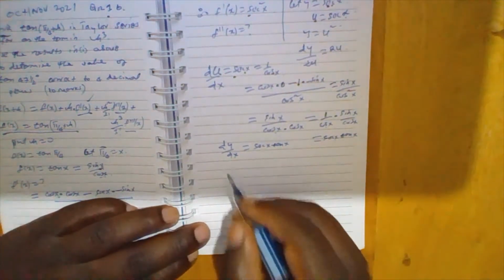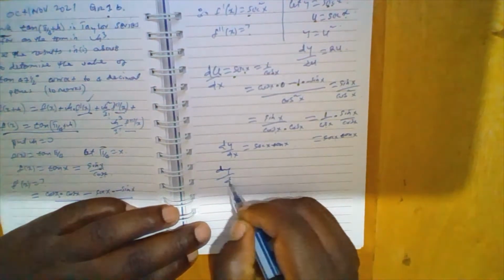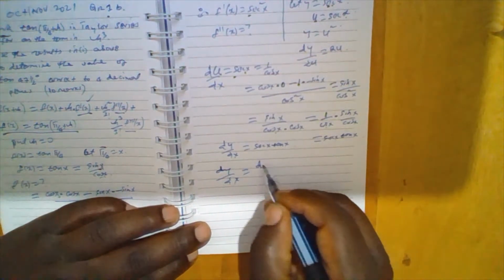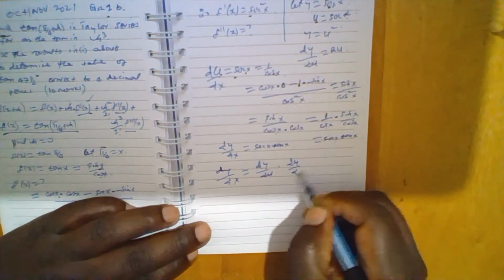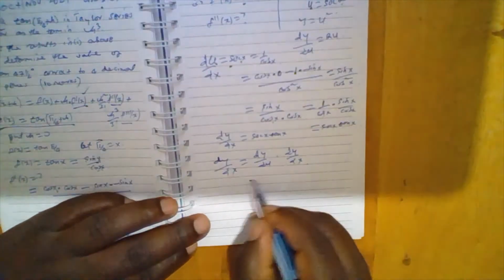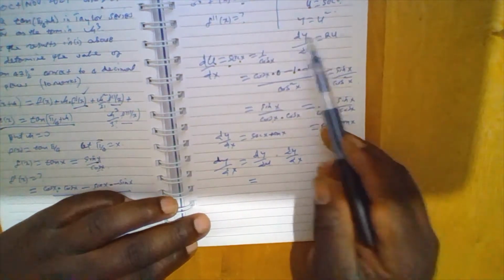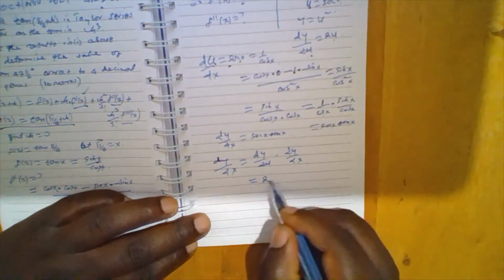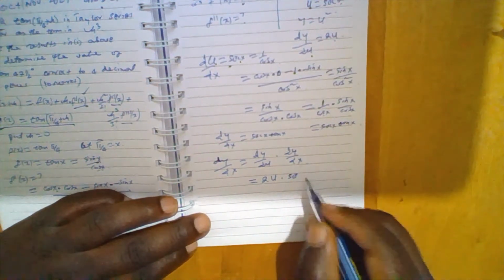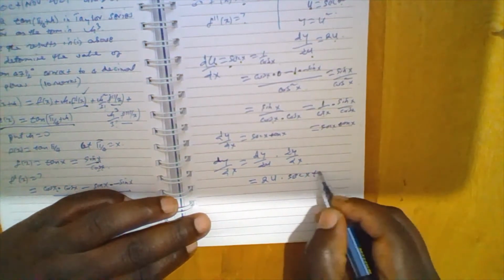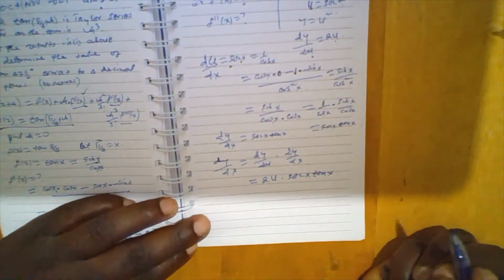But by the chain rule, dy dx equals dy du times du dx, which is 2u times sec x tan x.